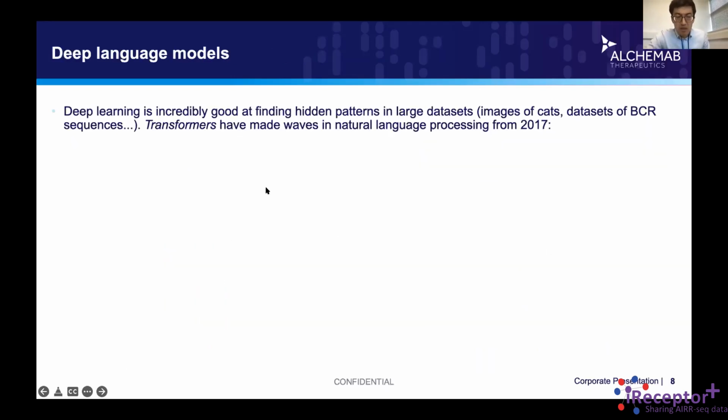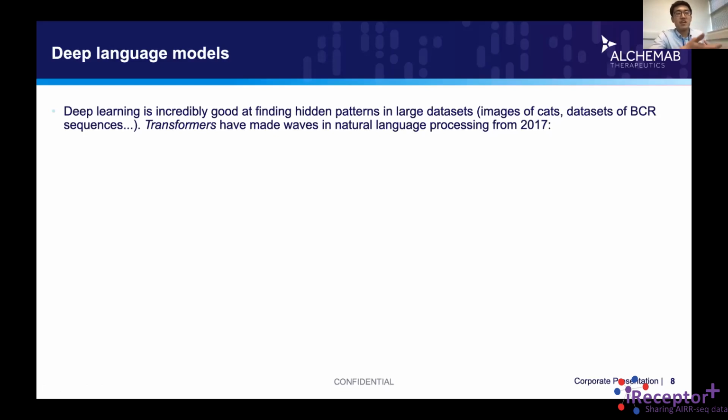In order to do this sort of representation learning, going from sequence to numbers, one of the best ways is to use a set of machine learning models called deep learning models. For those of you who are not so familiar, deep learning refers to a set of machine learning methods that are really good at finding hidden patterns in large data sets.